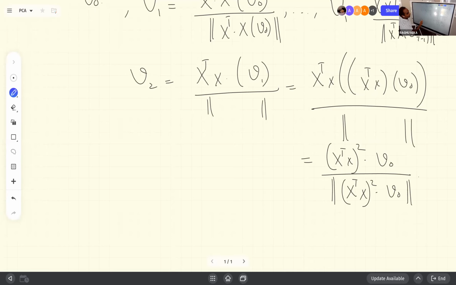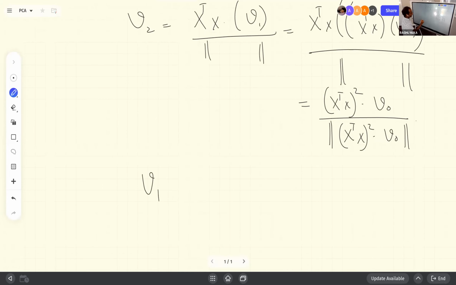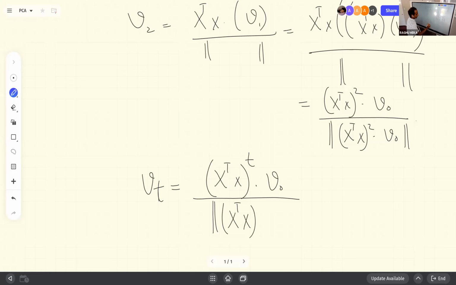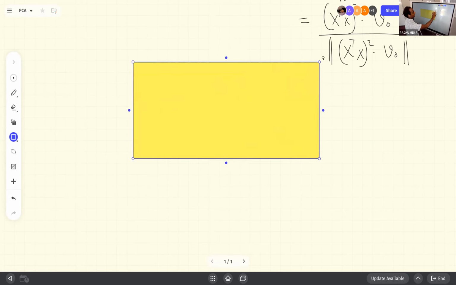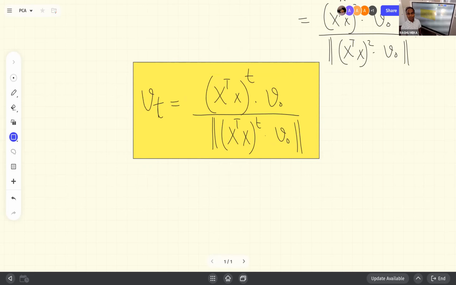So an equivalent way of writing the power iteration is saying that you're just looking at X transpose X applied T times to my starting vector V0, and then normalizing the whole thing by the norm. Does this make sense?